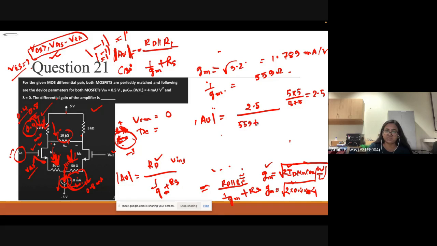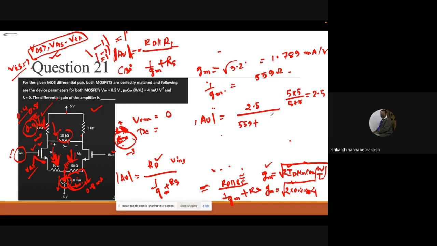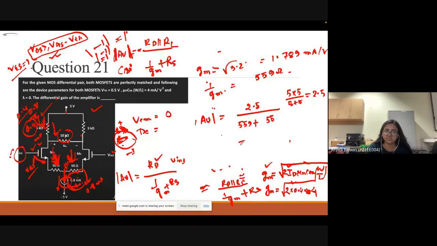559 plus, what is the value of RS? 50. Now tell me what is the value of AB. I think 2.5 is kilo. Okay, just see the unit, and this is in ohm. Now tell me the value.